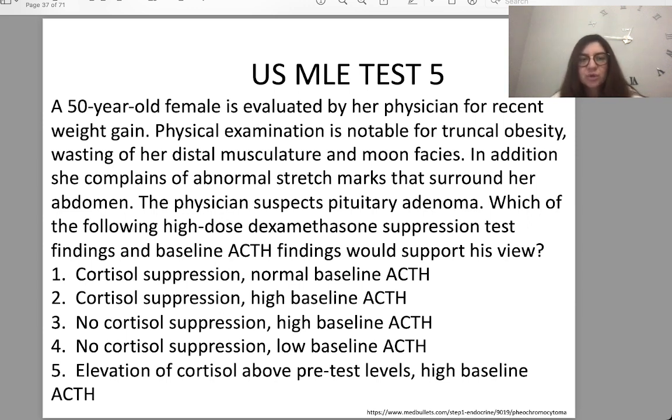First option, cortisol suppression, normal baseline ACTH. Second, cortisol suppression, high ACTH. Third, no cortisol suppression, high baseline ACTH. Fourth, no cortisol suppression, low ACTH. And fifth, elevation of cortisol above pre-test levels, high baseline ACTH.